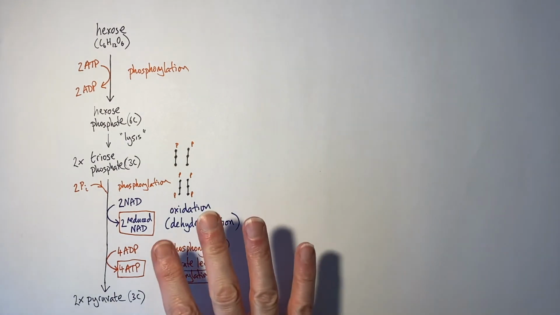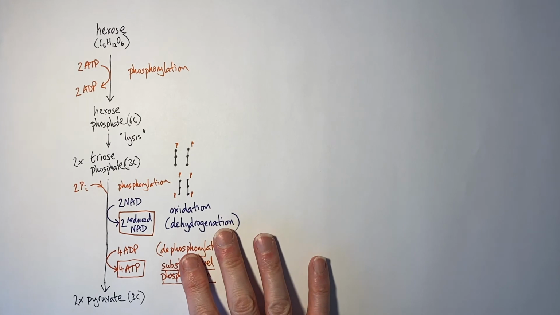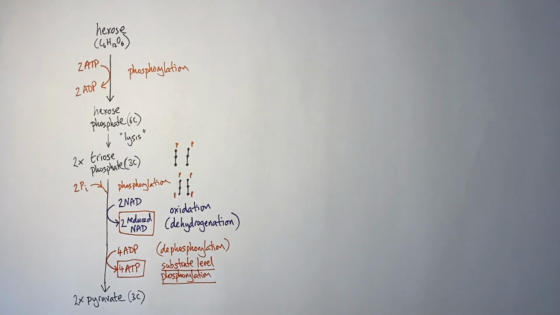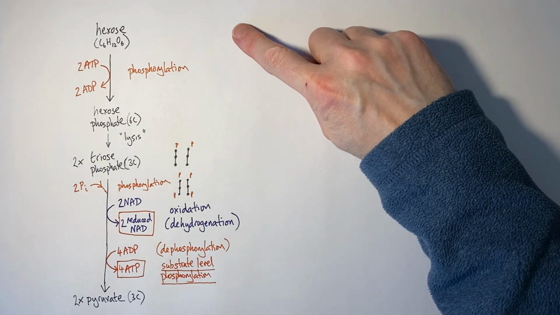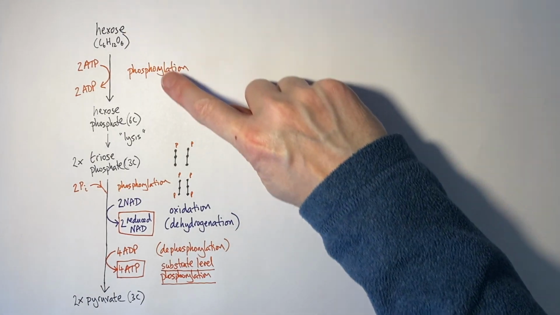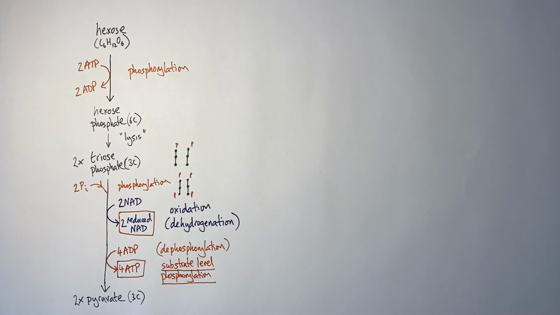So before we leave glycolysis, let's just think about the important points. We have the phosphorylation of hexose or glucose to hexose or glucose phosphate using ATP. So we're using up a bit of ATP here.